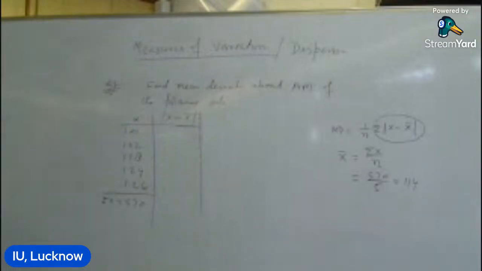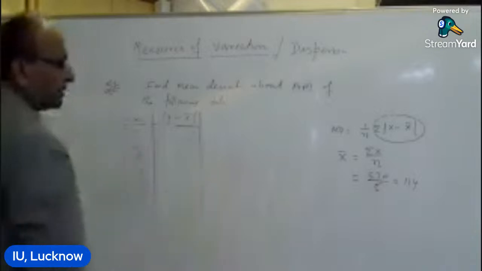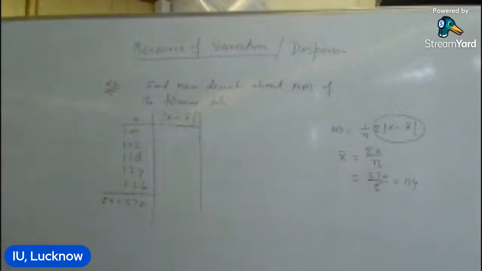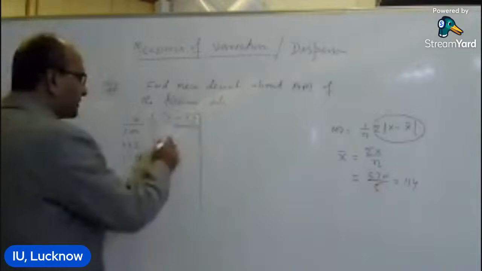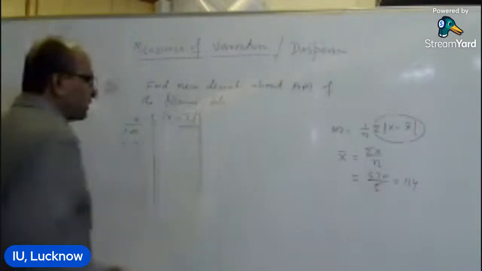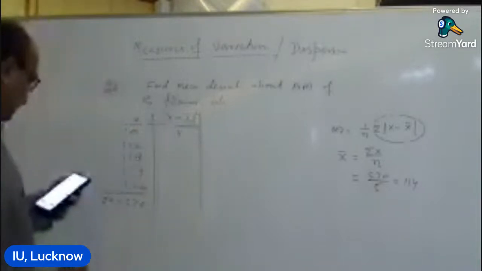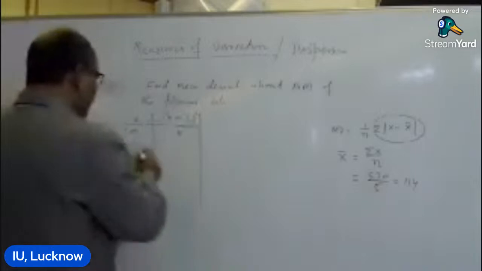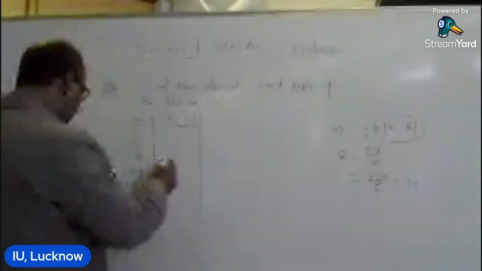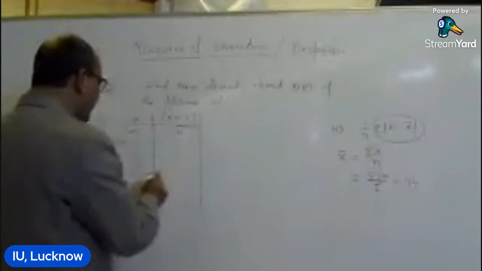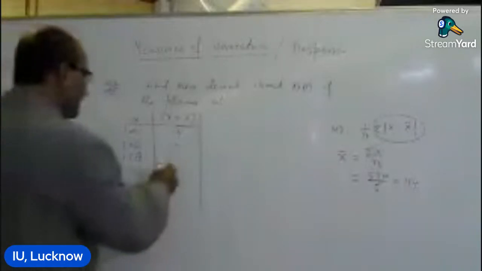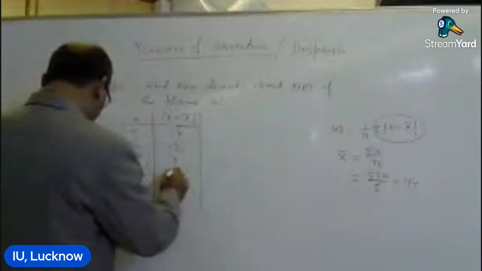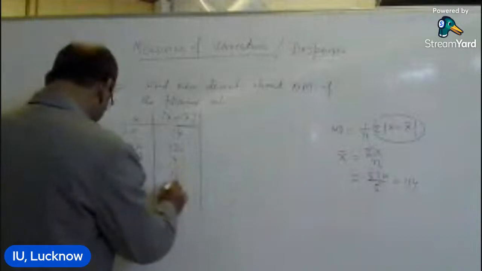So x minus x bar, x is 100, x bar is 114. 100 minus 114, this is minus 14, but we take only the positive value, so this is 14. 102 minus 114, so this will be 12. 118 minus 114, so this is 4. This is 10, and this is 12.